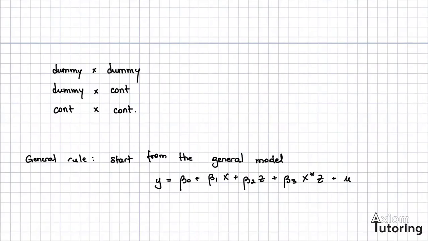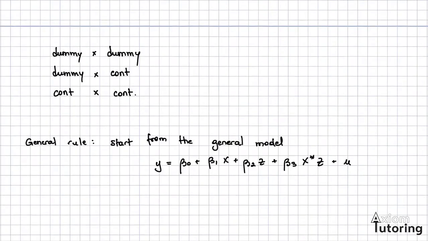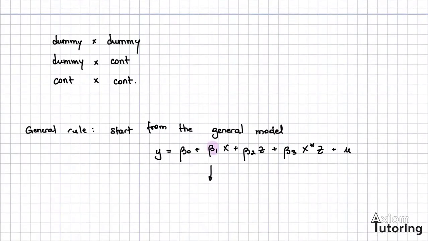So the most important thing to remember is beta 1 is not the effect of x. It is the effect of x only when z is equal to 0, okay? And the same will apply for beta 2. Beta 2 is the effect of z only when x is equal to 0, okay?